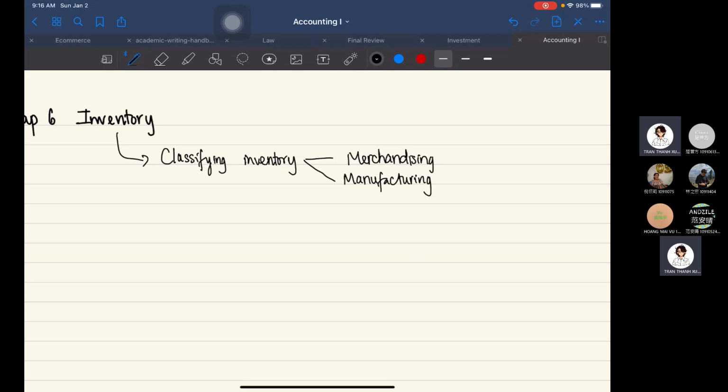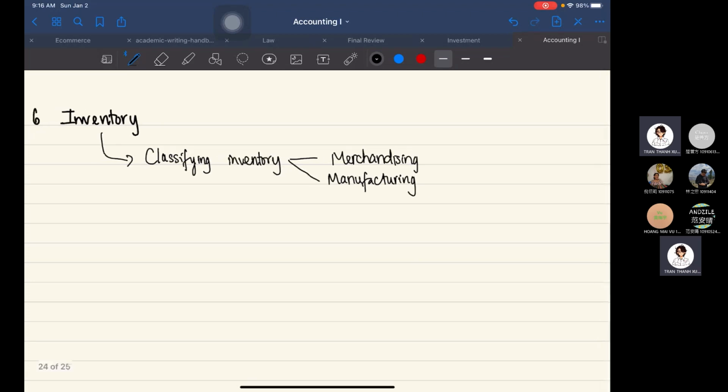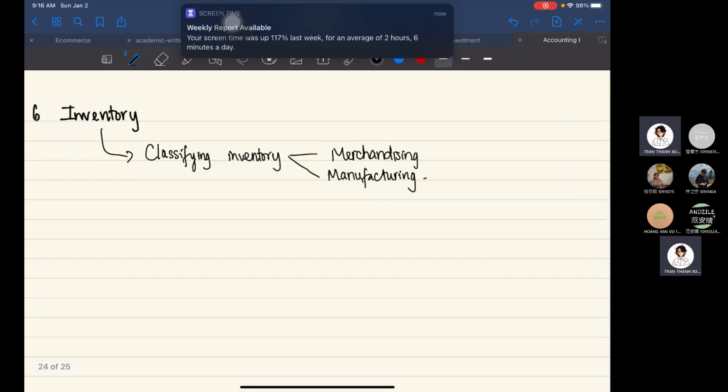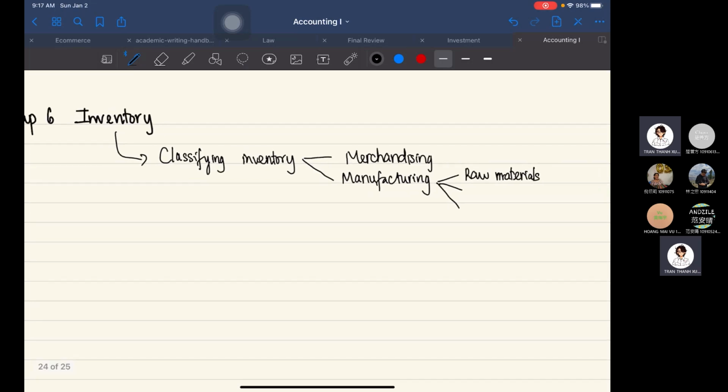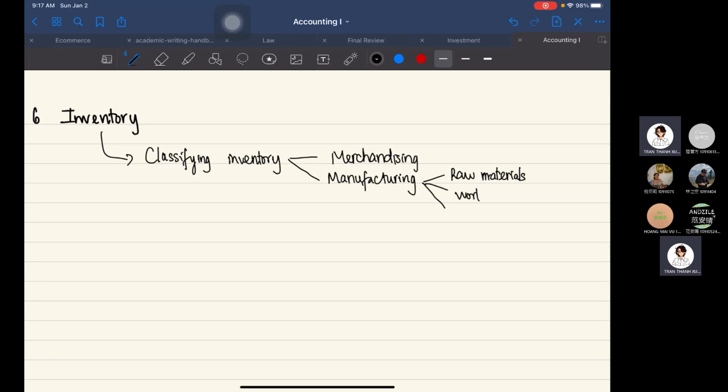In manufacturing, as you know, they need raw material to turn into finished goods. So they also have three kinds of goods that need to be managed. First is raw material, the second is work in process, and the last one is finished goods.